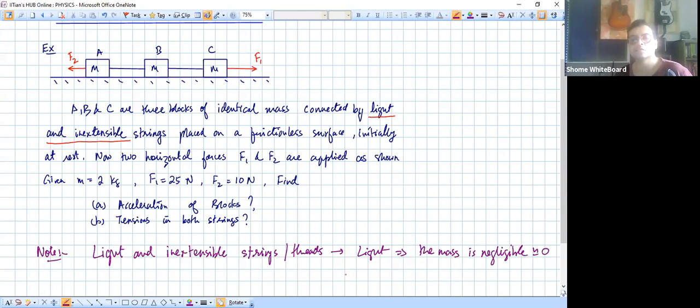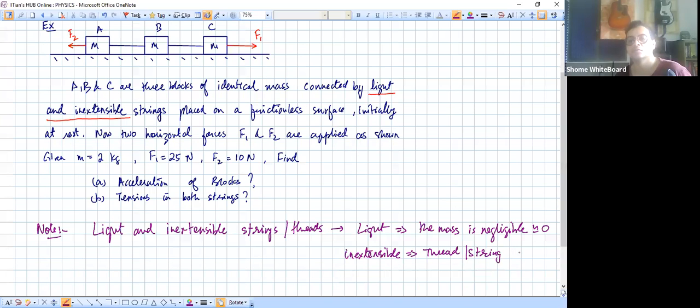And inextensible implies that the thread or string does not stretch, or elongate, under tension. Okay, so they are basically non-flexible. You can say it like this also.